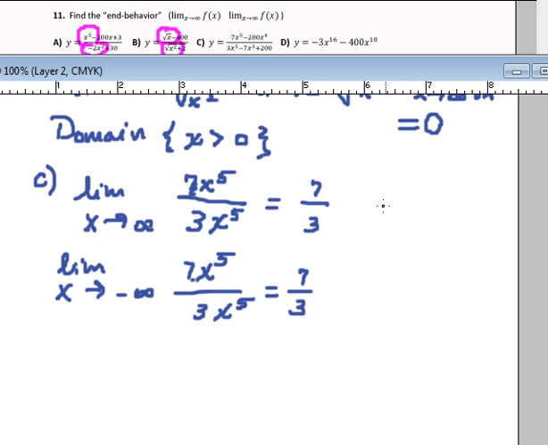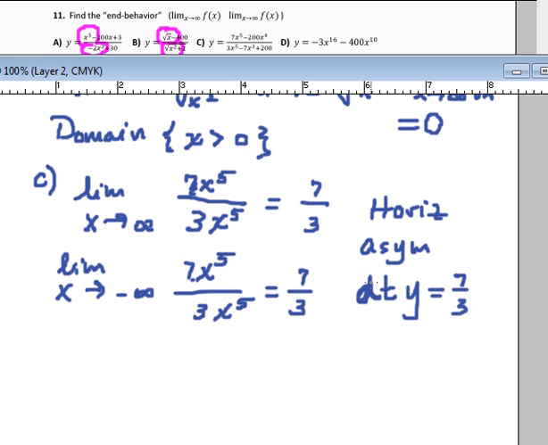All right, so this situation, and the one above where the limit was 0, determines a horizontal asymptote. So here we have a horizontal asymptote at y equals 7 over 3.